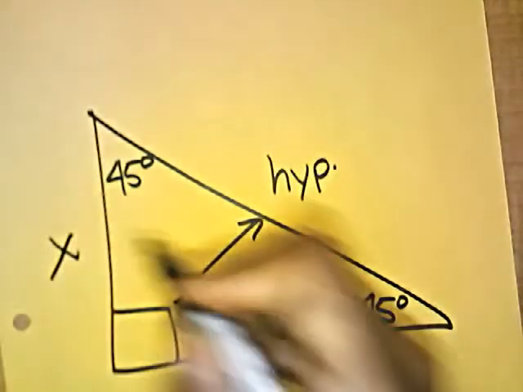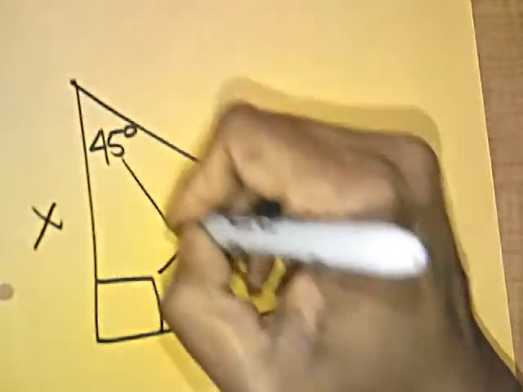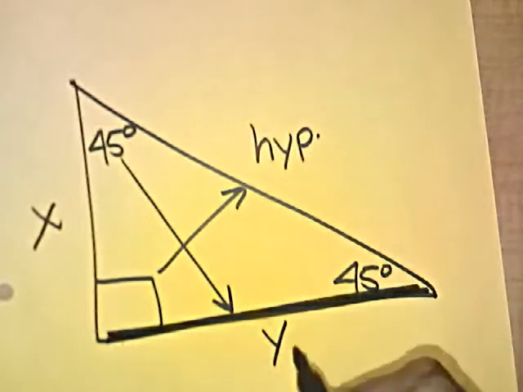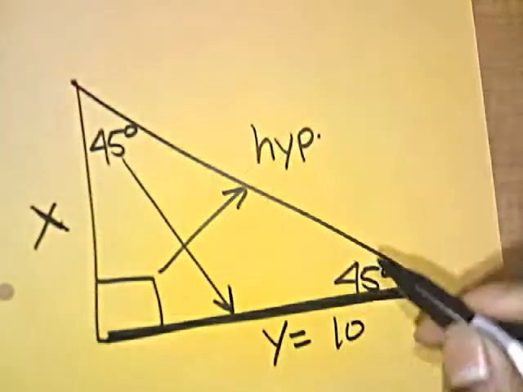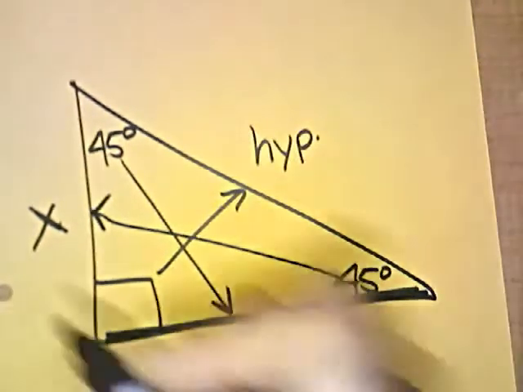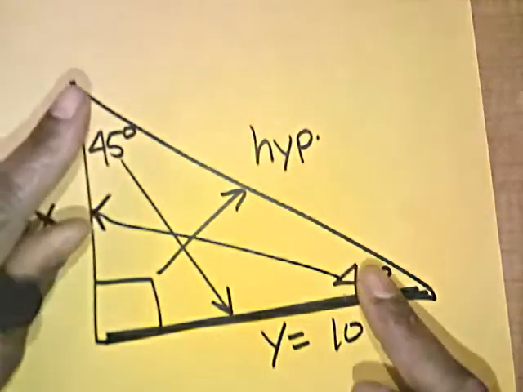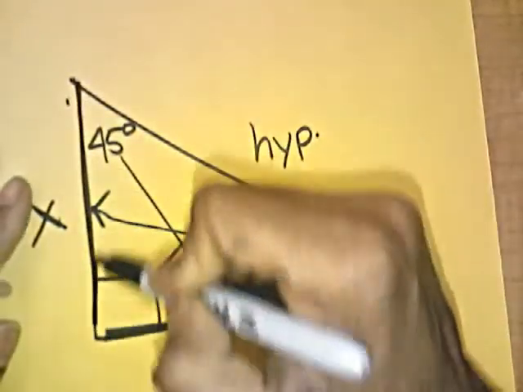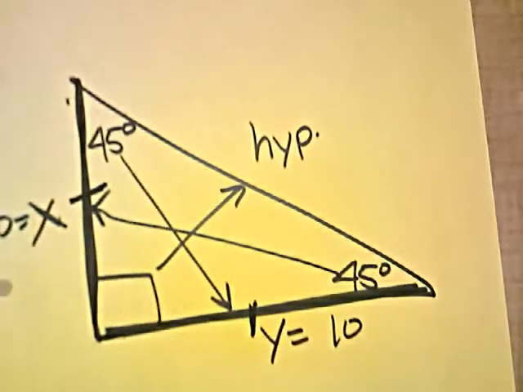And if I call this x and I call this y, this is 45 degrees, so whatever this length is, this length right here, y, let's say it was 10, guess what? This is 45 as well. This side is also going to be 10 because these angles are congruent. Therefore, their sides are congruent because this is an isosceles triangle.